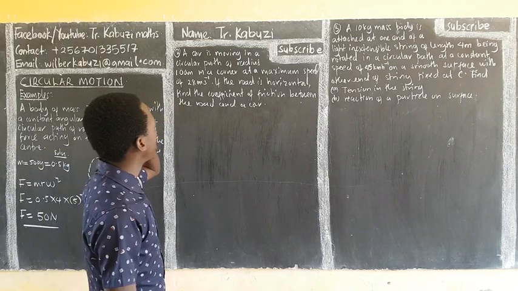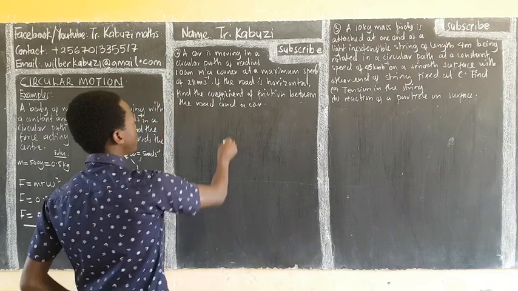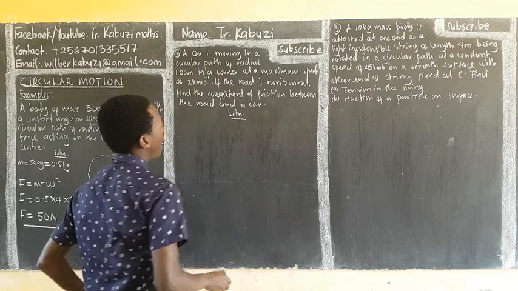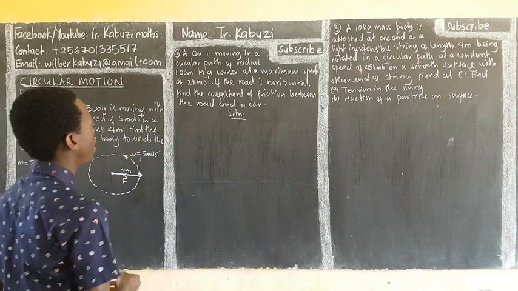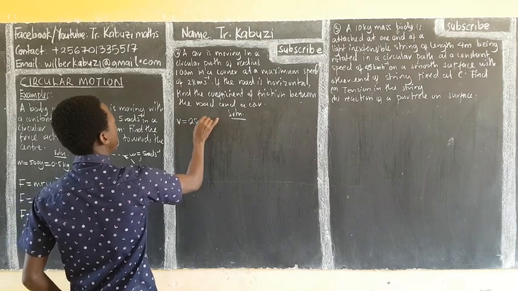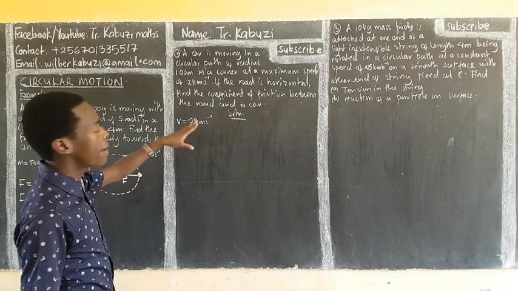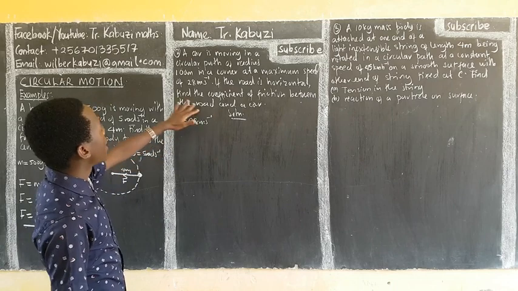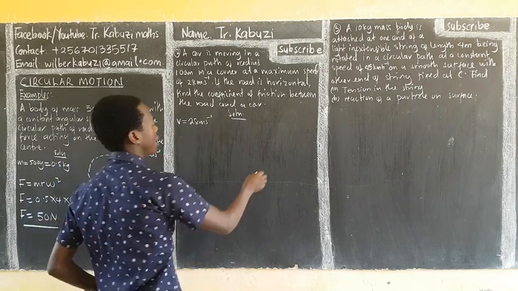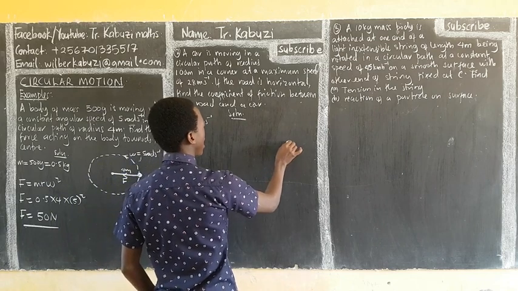A car is moving in a circular path of radius in a corner at the maximum speed. They are giving us a maximum speed of 28 meters per second. I think remember the case when we had maximum speed. Find the coefficient of friction between the road and the car. So this is the idea. We have a car here.